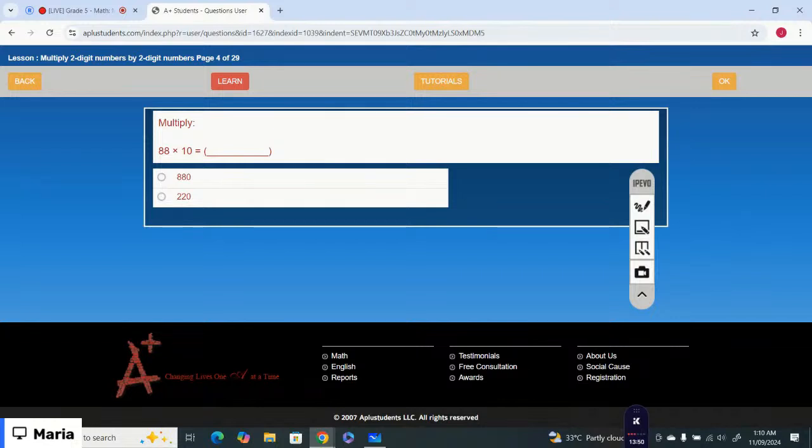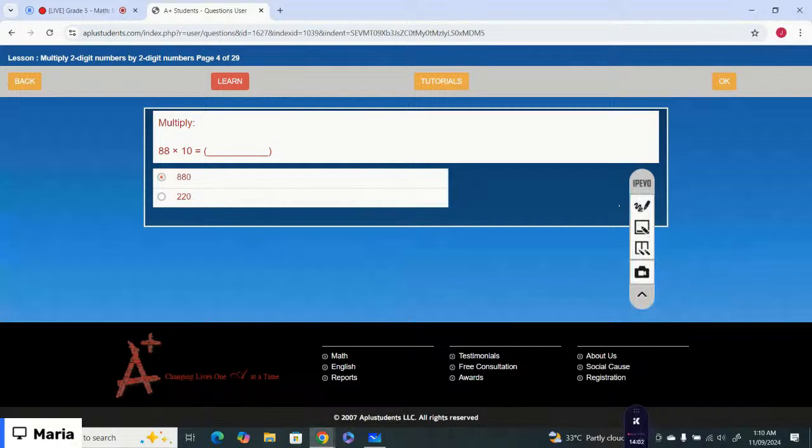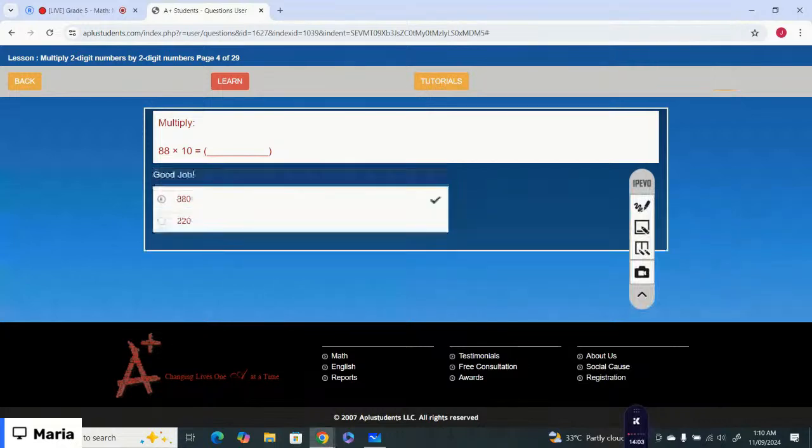You guys are here to learn, so please focus on the learning. 88 times 10 is 880. Option number 1 is the correct option, that is 880.